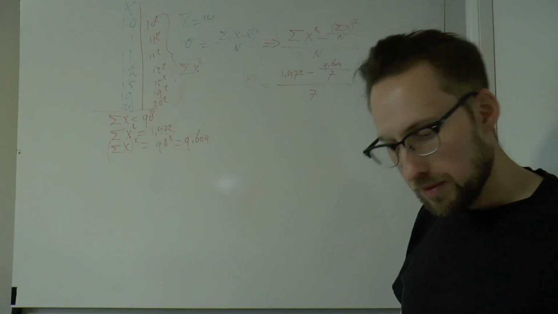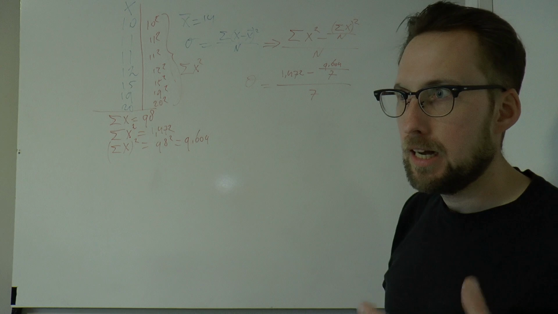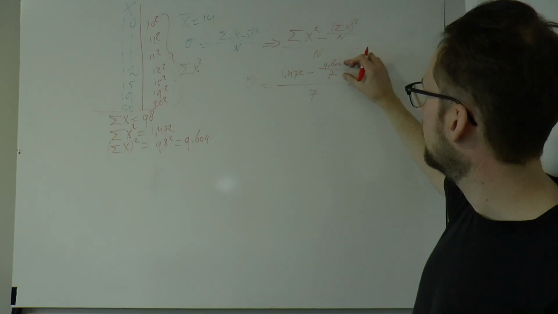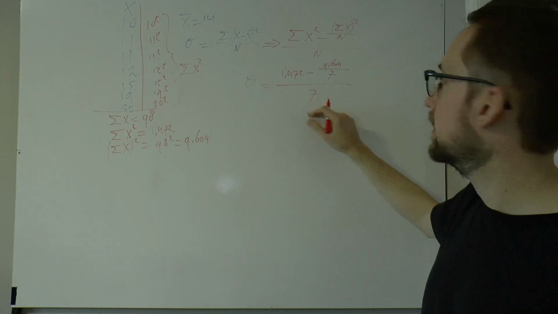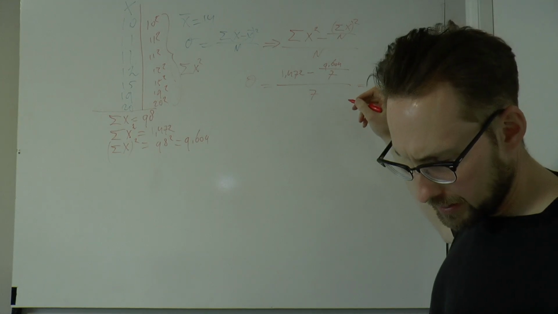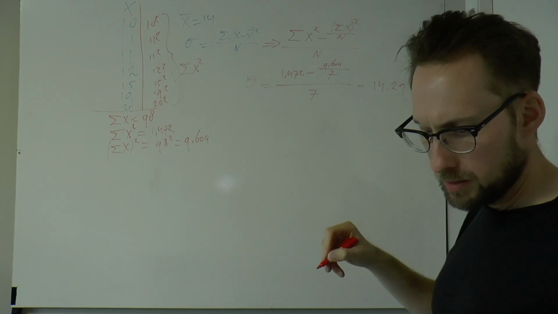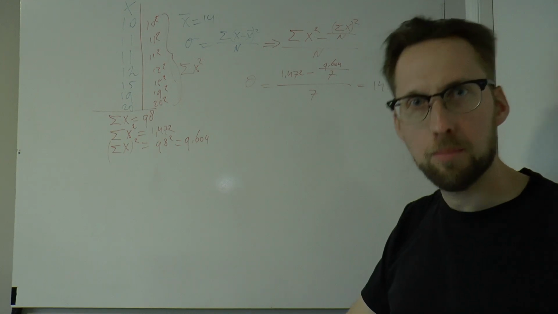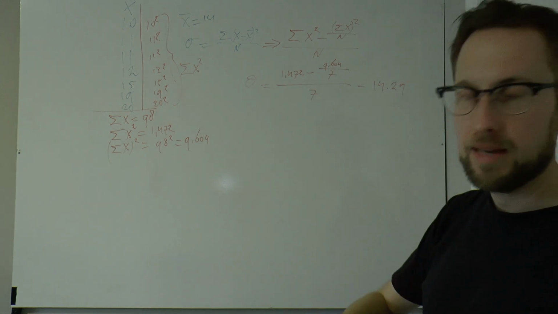When you do this, there are some steps, right? You first compute this, you subtract that number from this, and then you divide the outcome of that by 7. And what you should get is exactly the same, 14.29, exactly the same thing we got before. Try this in your calculator, see if you get that.